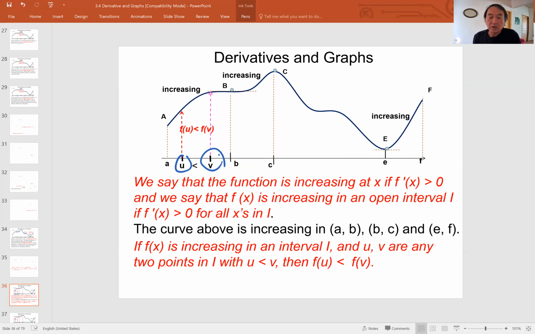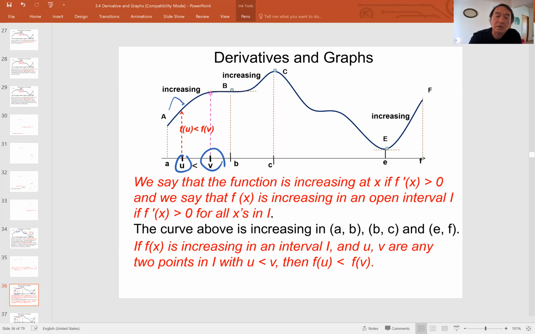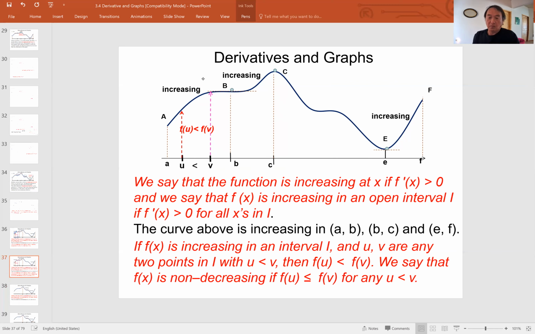On the picture, it means it gets higher. If I view this as a roller coaster track, increasing will be the parts where you're climbing up, going uphill. We say the function is non-decreasing if the inequality is not strict.